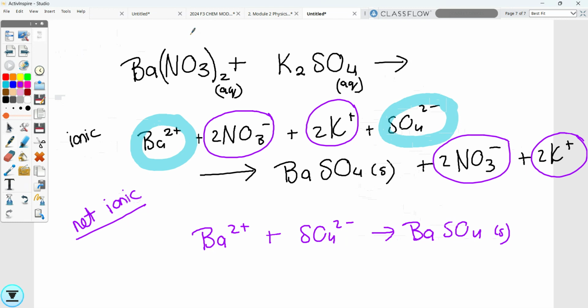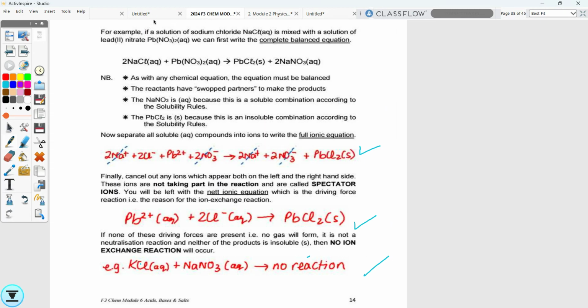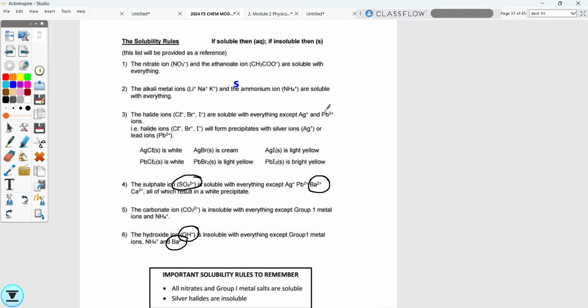Could you please explain the third rule? The third rule of solubility. Explain. Oh, the halogens. So they will always be soluble. So they would always swim, except if they are in contact with a silver or a lead ion.